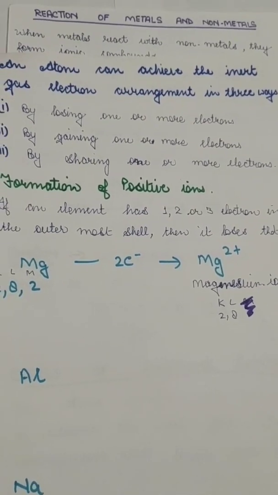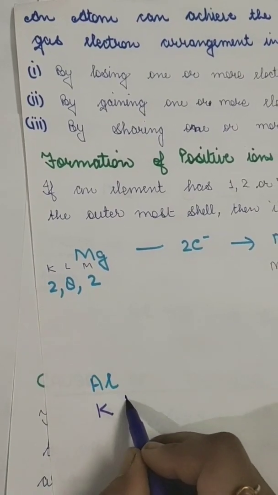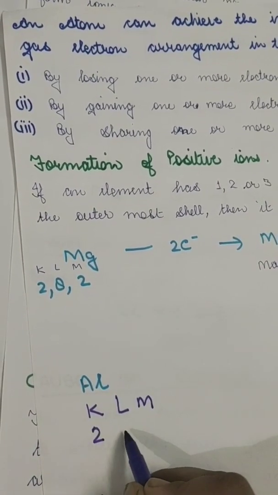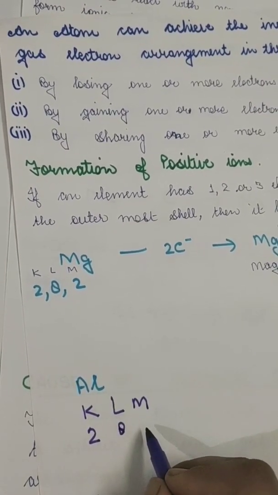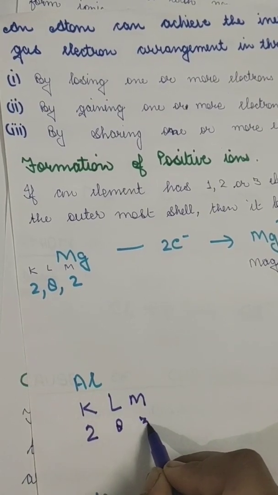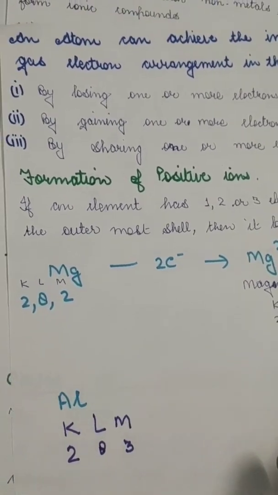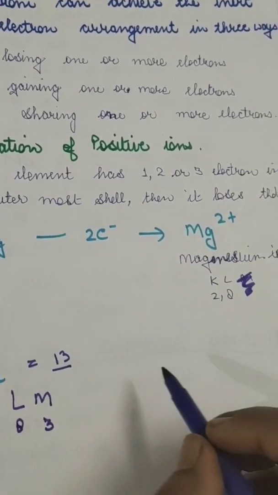Aluminium has just K, L and M shells, and in the K shell it has 2 electrons, in the L shell it has 8 electrons, and in the M shell it has 3 electrons, because aluminium has atomic number 13. So now what will happen?